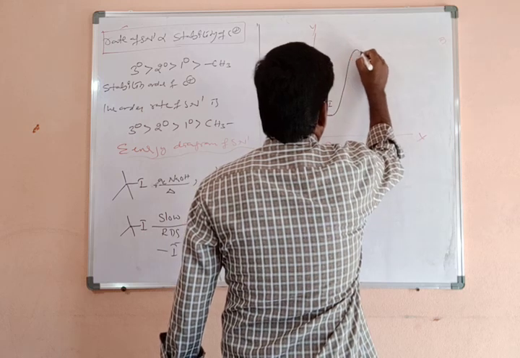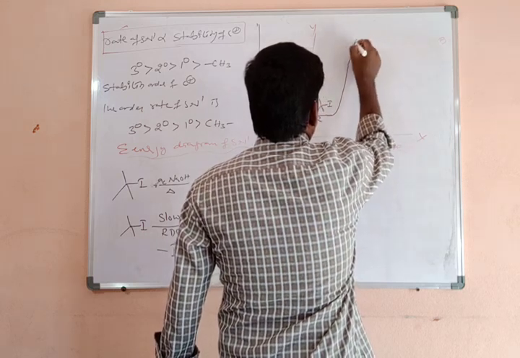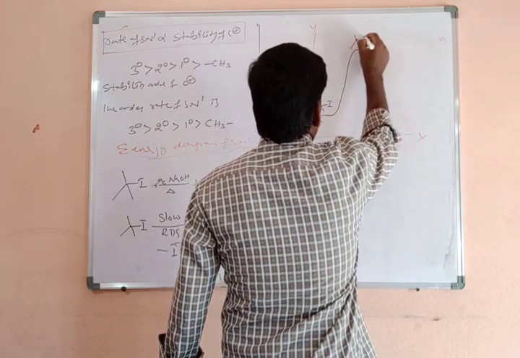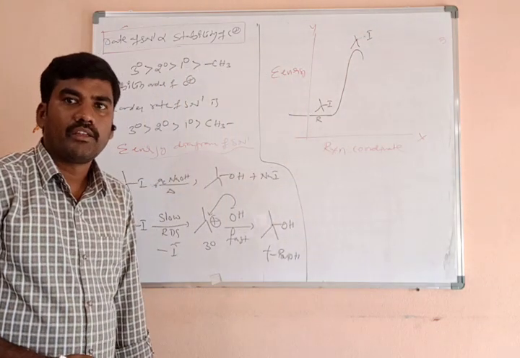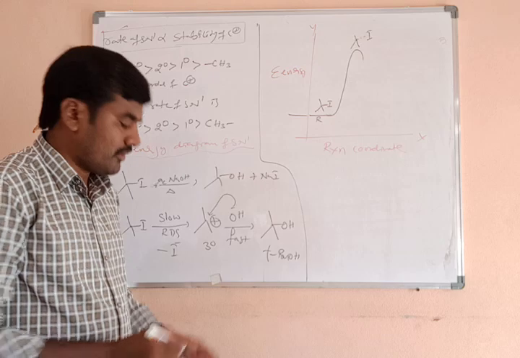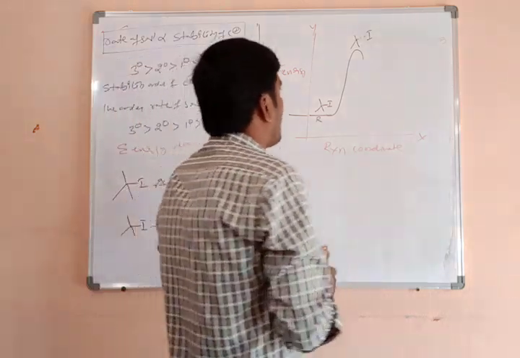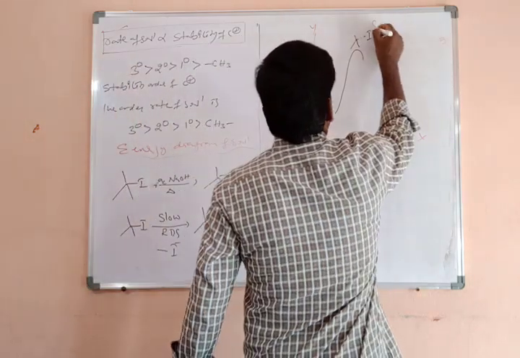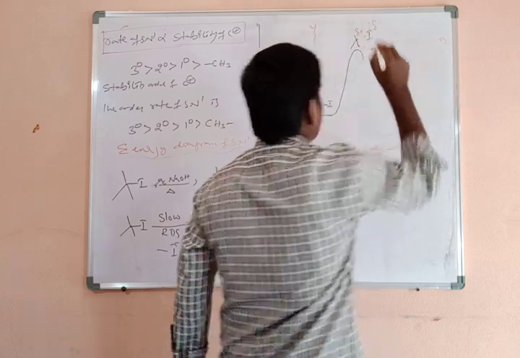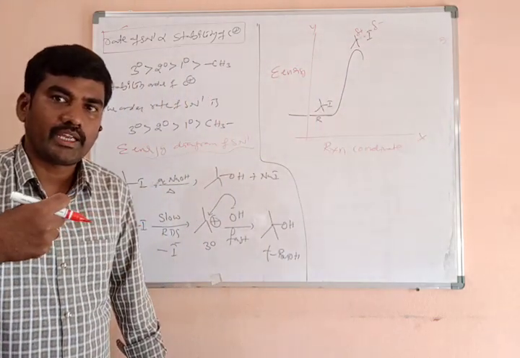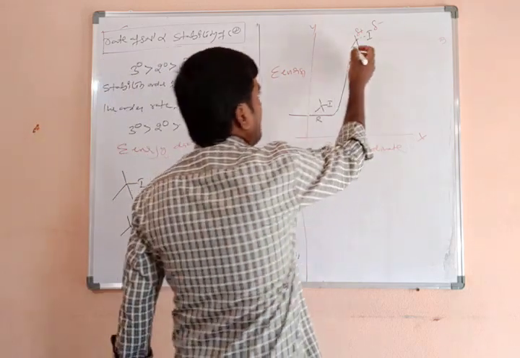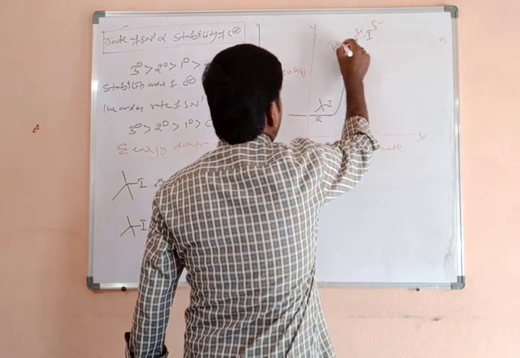It reaches the peak of the curve. At this point, the bond between carbon and iodine is partially bonded. Now the electron density of the iodide ion is the highest, and the partial positive charge on carbon is also the highest. The electrons are moving more towards the iodide ion. This stage is called the transition state, TS1, transition state 1.